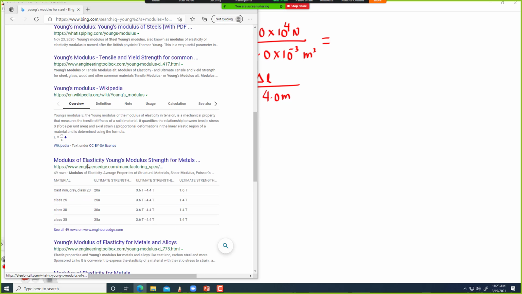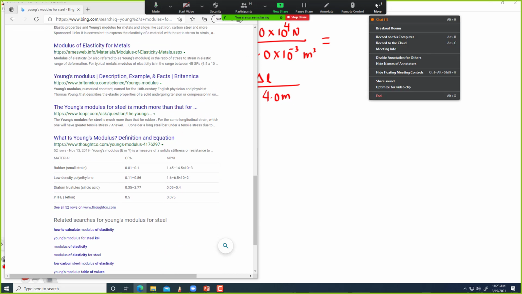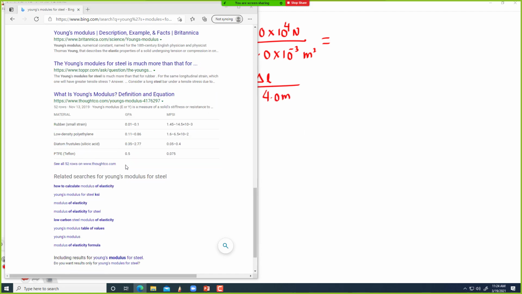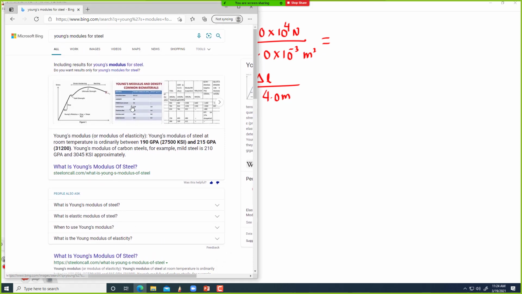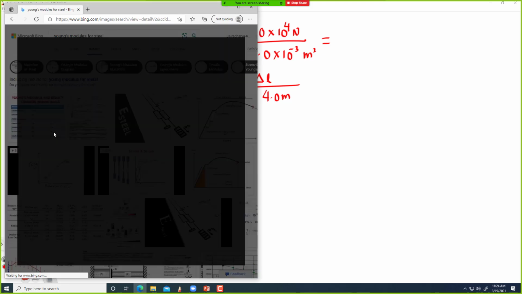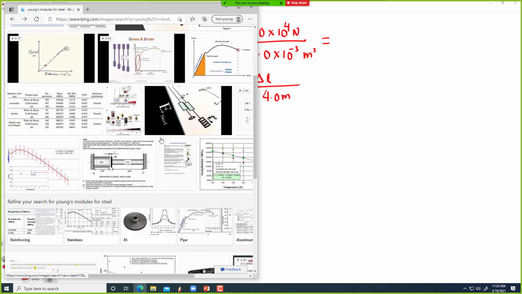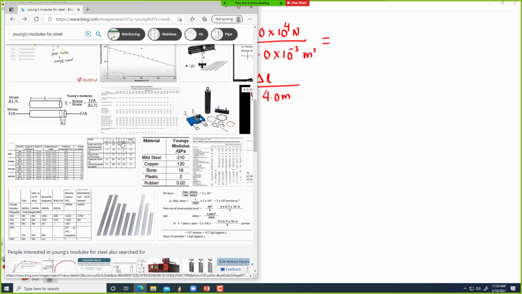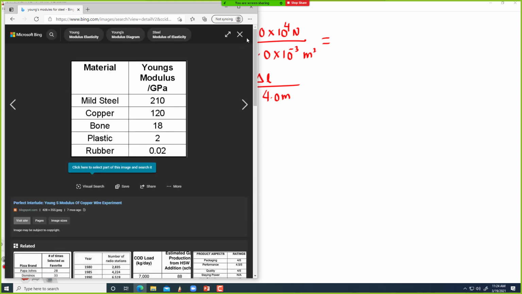Can you guys find the Young's modulus? Please write the number in scientific notation. Whenever you have big numbers, write them in scientific notation. If you have a textbook, please find this Young's modulus for steel. It's given in a different kind of unit, so I want SI units.